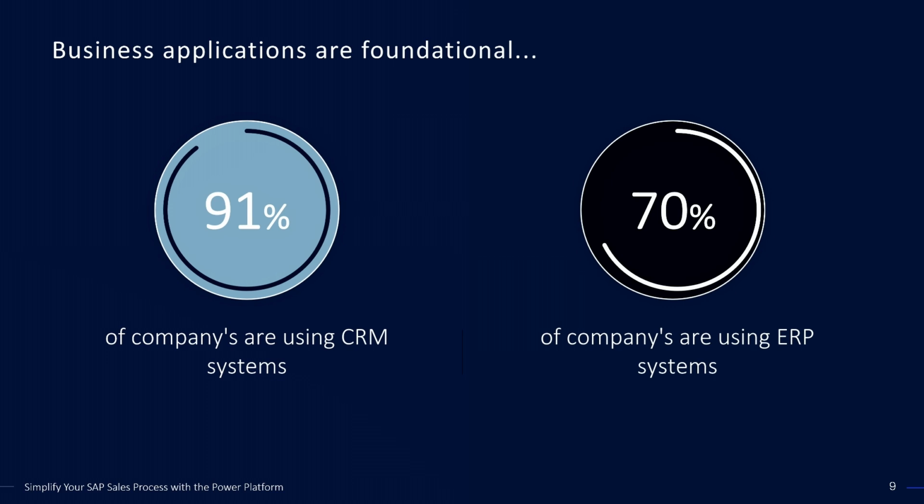But why is it also good to start with a Power Platform solution? Because all those solutions have the data in them. A CRM system has the data in the CRM, and the ERP system has the data in the ERP. But combining those systems, let's say Salesforce with SAP, can be quite hard, because maybe there's no standard connector.